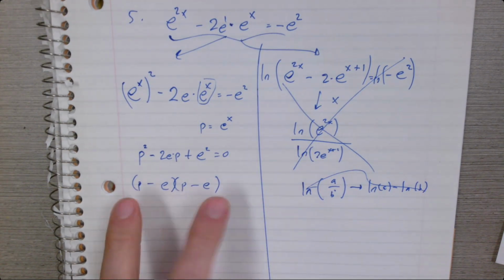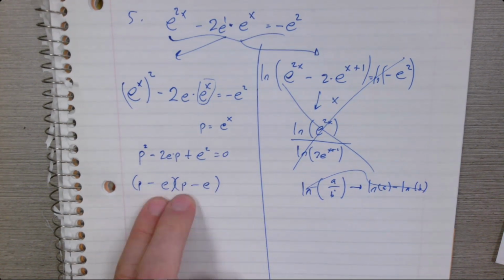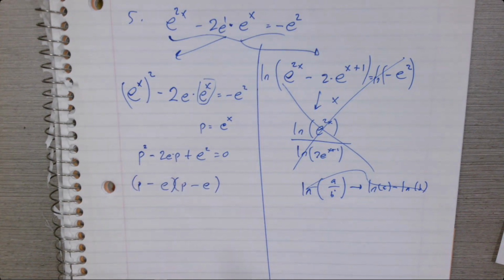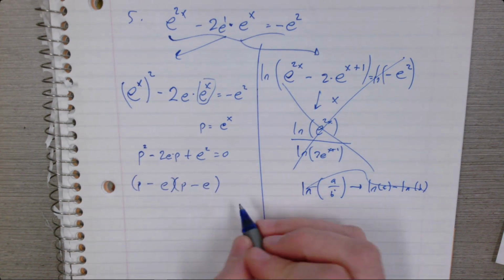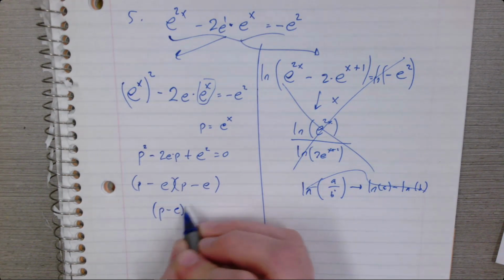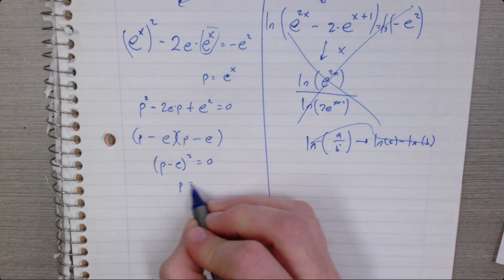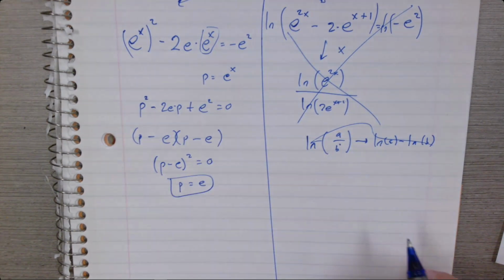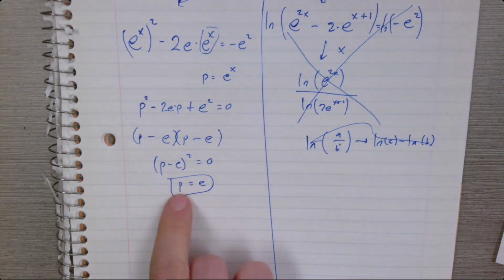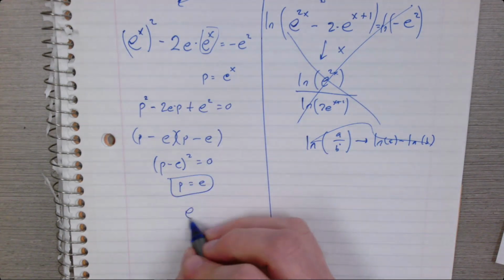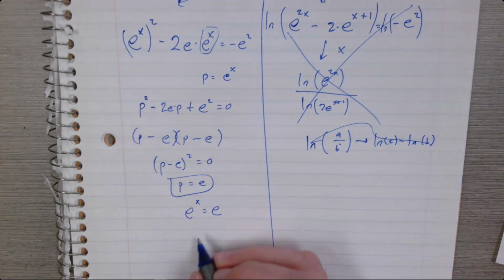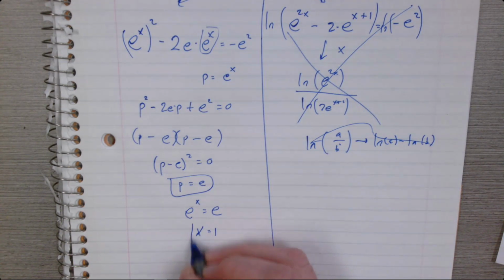So p squared minus ep minus another ep is minus 2ep, nice, plus e squared. So really it's just p minus e quantity squared is 0, which just means that p equals e. But remember, I'm not actually trying to solve for p, I'm really trying to solve for x. So e to the x equals e, meaning x equals 1.